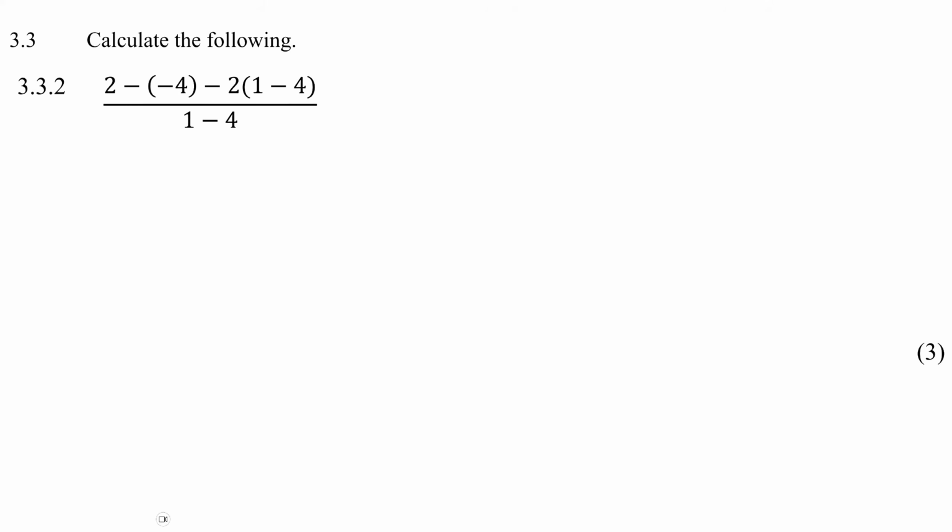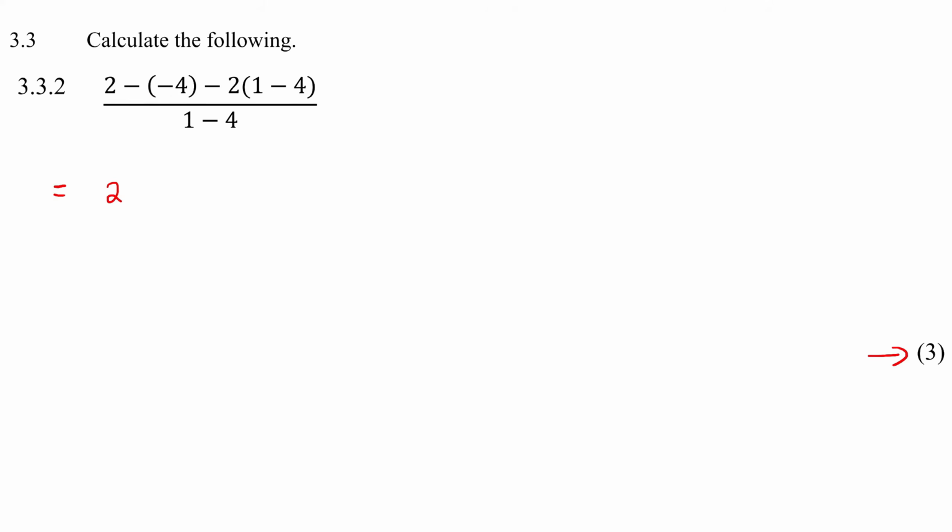With this question, if you are allowed a calculator, to get 3 marks, don't put everything on the calculator in one step. But what you could do, I'll try to explain it with a calculator and without a calculator. So if you had a calculator, you could just go and put all of this in on your calculator and it will give you 6.